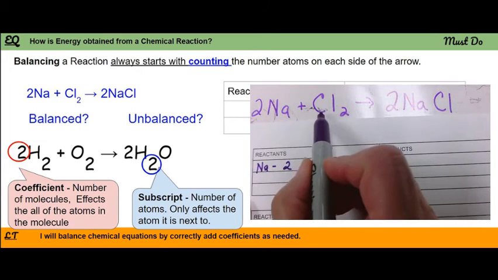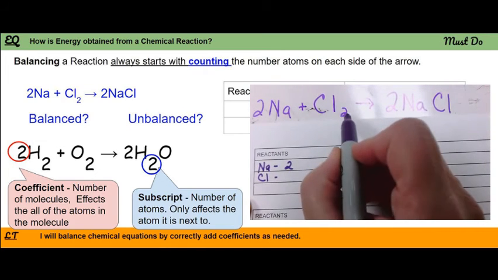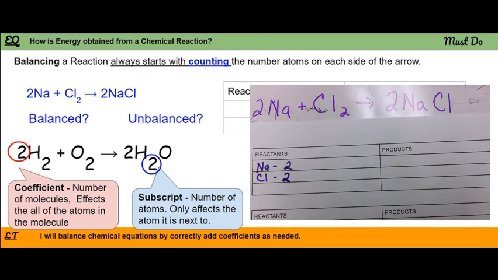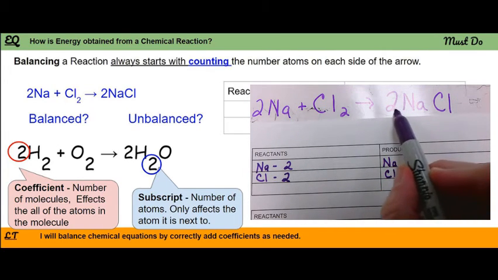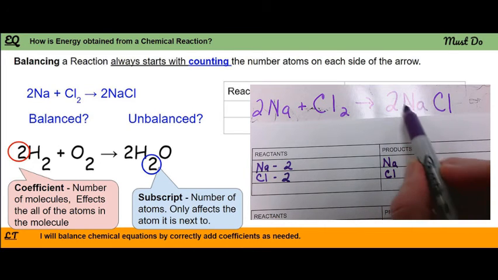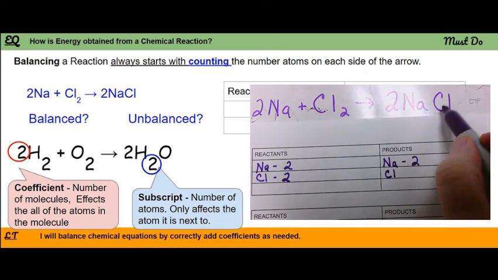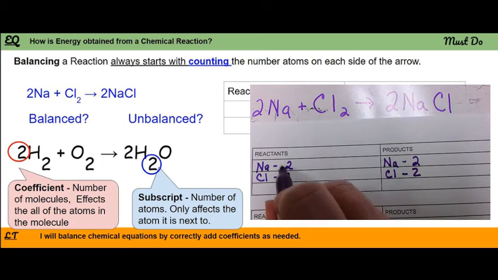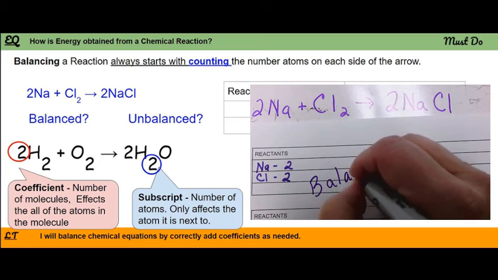In my next blank I have chlorines, and this 2 means there are 2 chlorine atoms, so I'm going to say there are 2 of them. On this side we're going to have the same atoms. Here we have 2 times 1 sodium atom, so that's 2. And here I have 2 times 1 chlorine atom, so that is 2. Now, because these numbers match, this one is balanced.